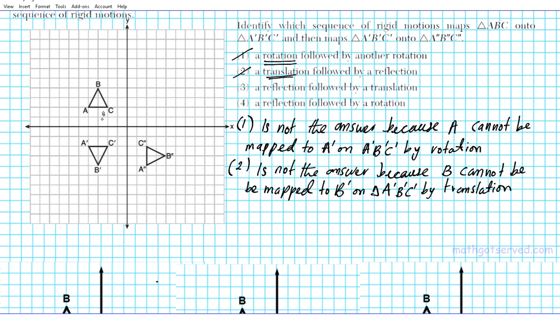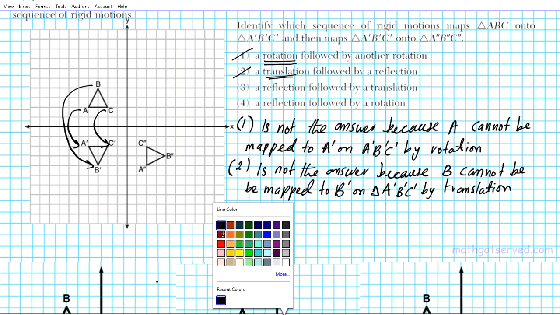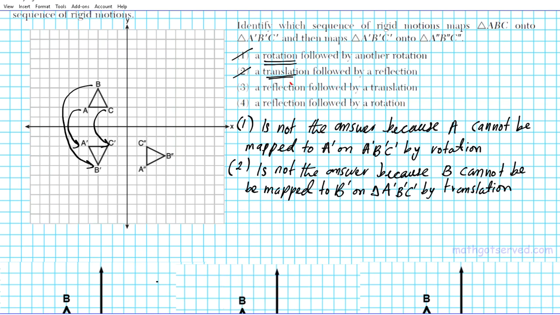Now if we reflect triangle ABC, what's going to happen? A gets reflected to A prime, good. B gets reflected to B prime, and C gets reflected to C prime. Excellent, so the first transformation works. You can get triangle A prime, B prime, C prime by reflecting triangle ABC across the x-axis.